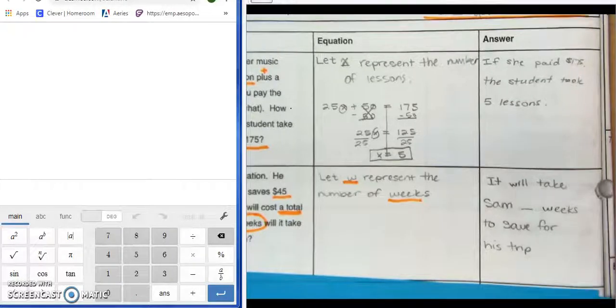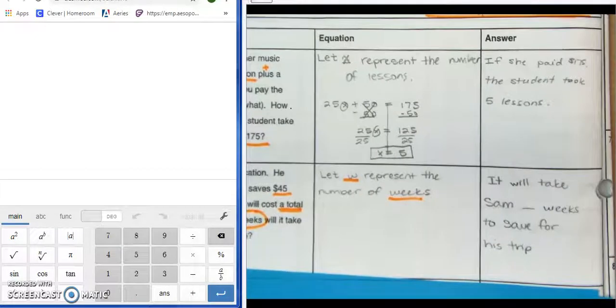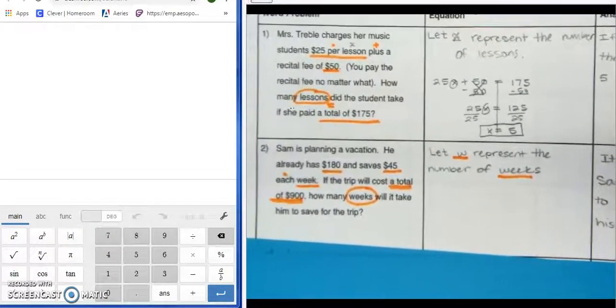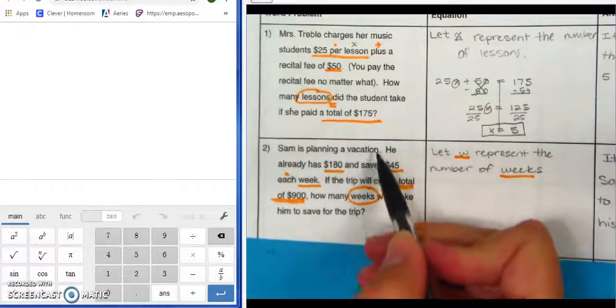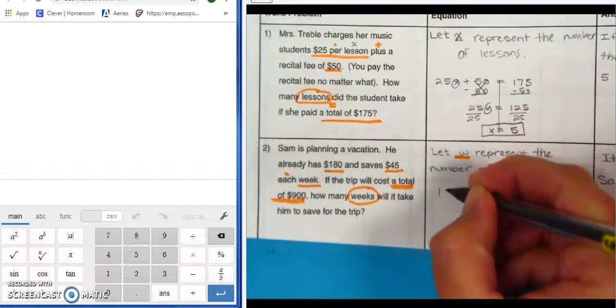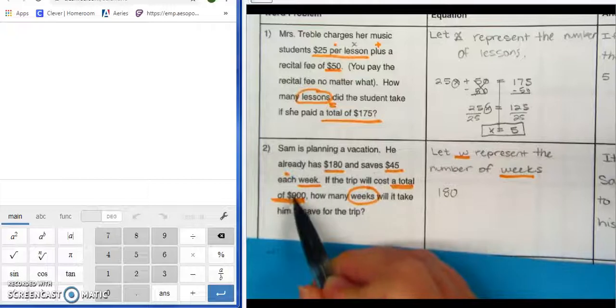Once we have our answer set up with a blank for the number, then we can go through and look at the number and solve an equation. All right, so let's let W represent the number of weeks. Then let's look at this a little closer. He already has $180 and saves $45 each week.